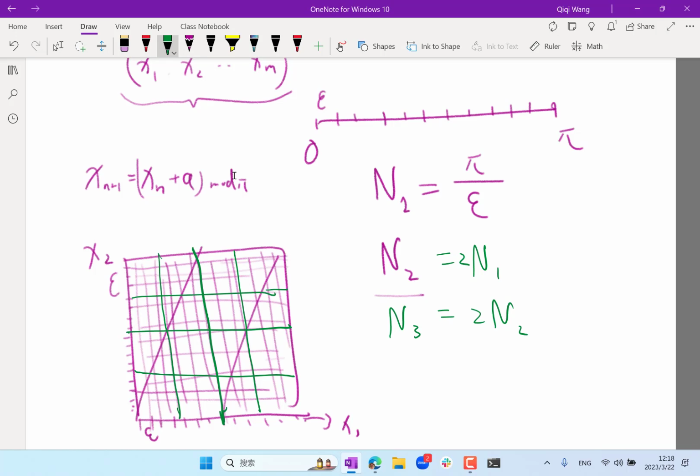Every time, if you look at the x1 versus x3, the slope of the line is going to be 4. So basically, for every iteration, you gain just 1 bit of additional information.